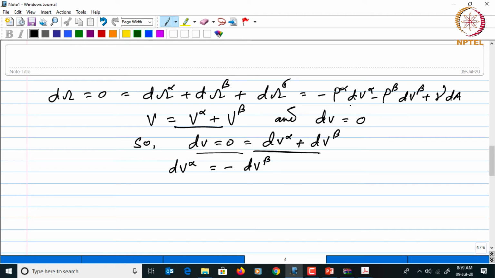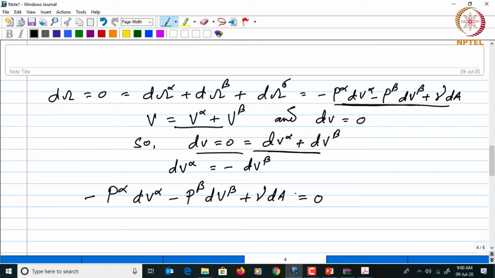Okay, and now we take this equation and here we replace dV beta in terms of dV alpha, and if we do that, this is what we will get.